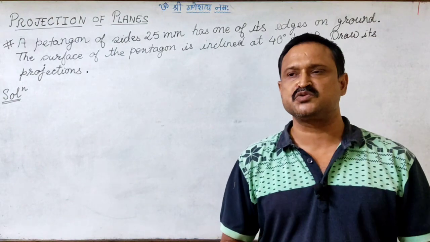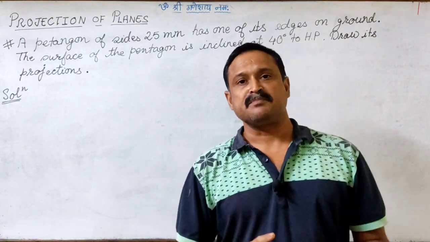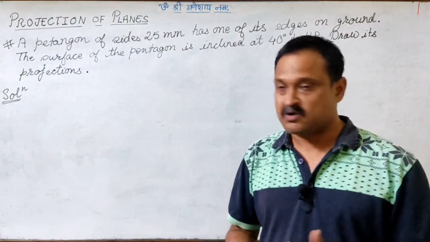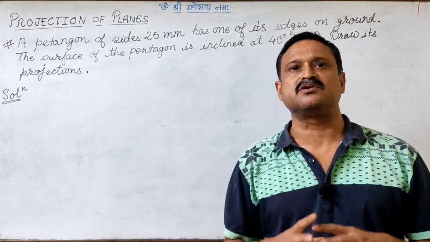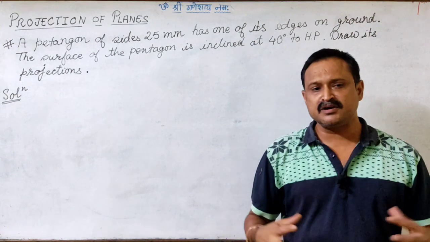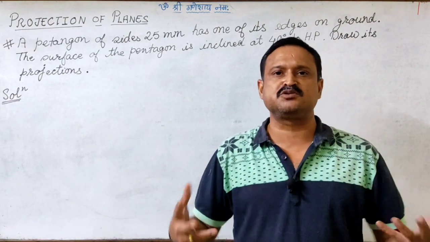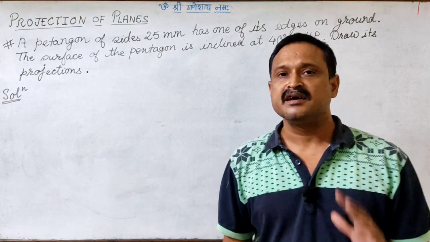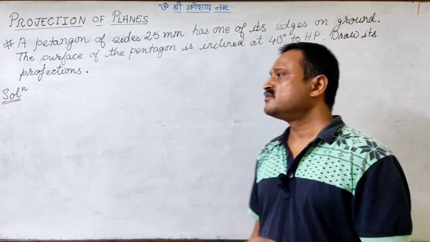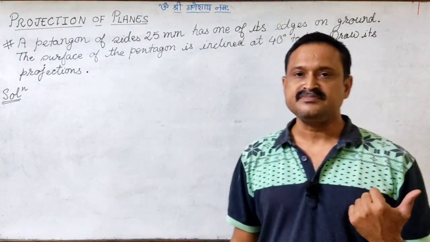So either it will be a square, rectangle, triangle, pentagon or a hexagon, and circular discs or circles, because we can combine all these shapes together and get whatever shape we want. That is why these basic regular shapes are understood for getting the projection, right?